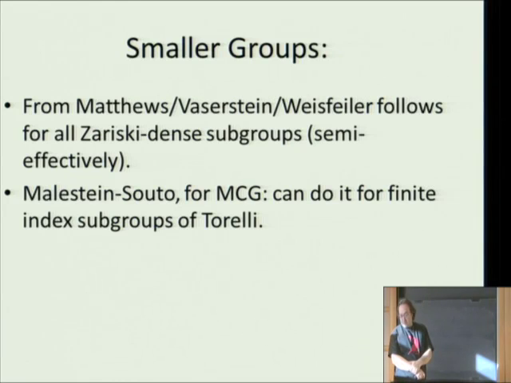And the observation, which I guess everybody here probably knows by now, is that Matthews, Vaserstein, and Weisfeiler have this famous paper, which I guess was extended later by Weisfeiler in different directions, that if you have a Zariski dense subgroup, then almost all the projections mod p are onto, which means that the sieve methods can be used here without change.